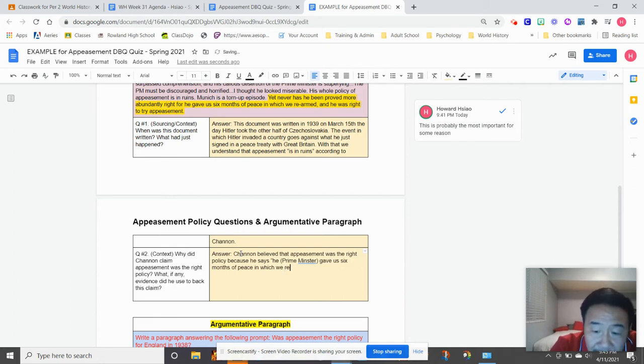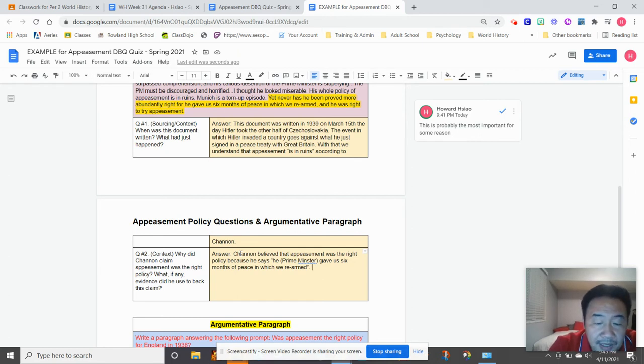That's prudent. I mean, that's smart. Okay, so he believed in this policy because it gave us 6 months of peace in which we rearmed.